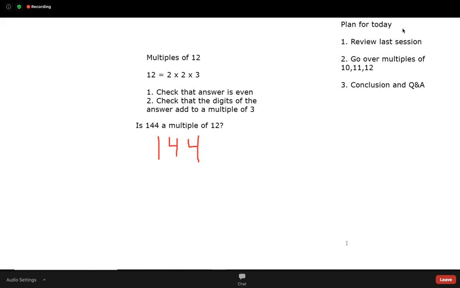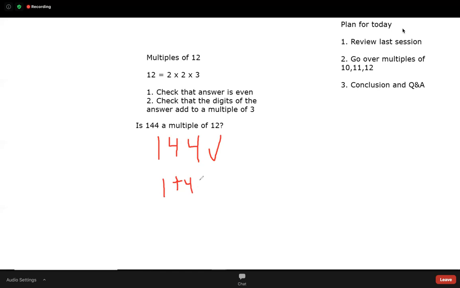We're seeing about 75% yeses, 25% nos. So how are we going to check it? Well, what we're going to do is we're going to do both of these checks, and we're going to see if both of them are true. Then the number will be a multiple of 12. So first of all, we need to see if the answer is even, which the last digit is 4. And since 4 is even, 144 would be even. And now we do the check for multiples of 3, where we add the digits up.